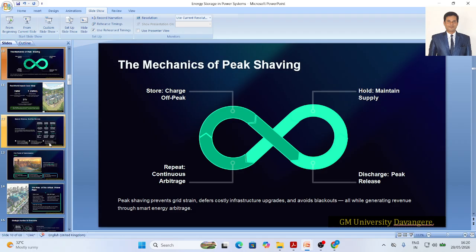Okay, so that is the mechanism. Right? So in this mechanism you have to understand how to maintain the supply. So that is what you have to see: the discharge, the peak release. During that time you have to release the peak.